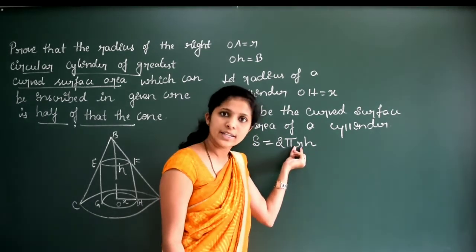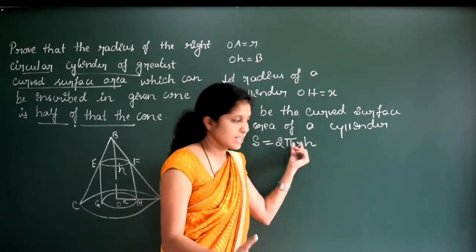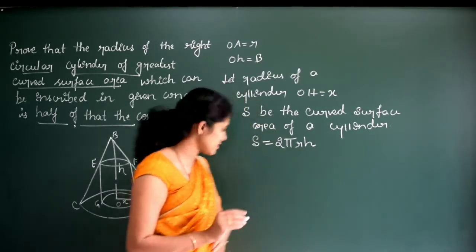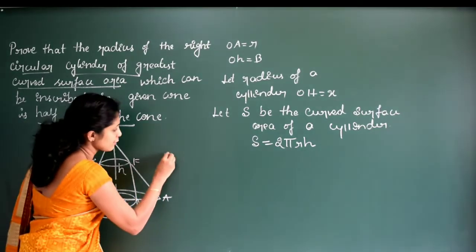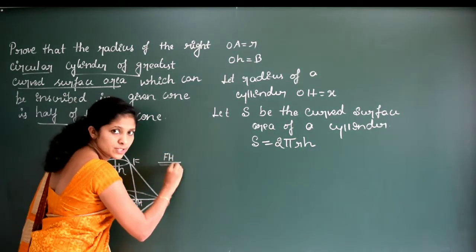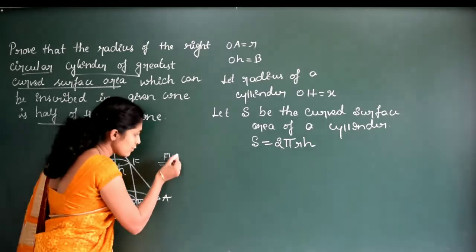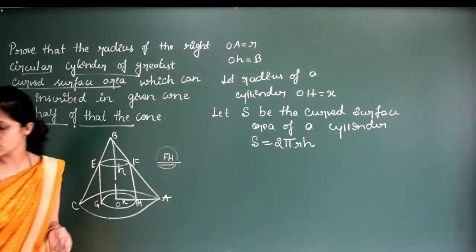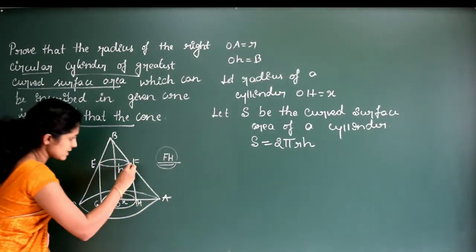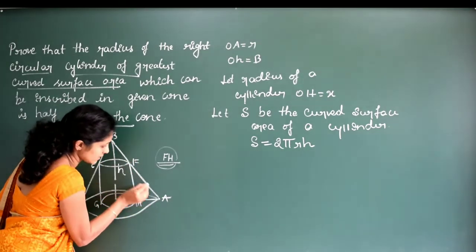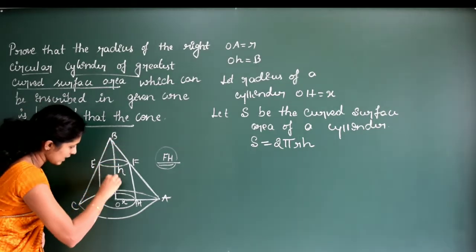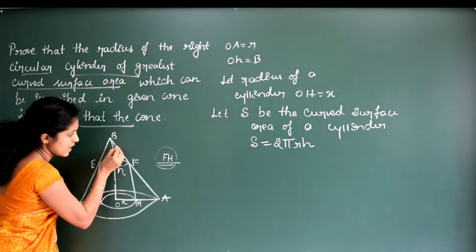Already we have considered the radius of the cylinder as X. Now we need to find the height of the cylinder. See here, this will be the height of the cylinder, that is FH will be the height of the cylinder. Now we need to find the value of FH. Here you have to observe this one. Here are two triangles. See, this triangle and this triangle are two similar triangles.